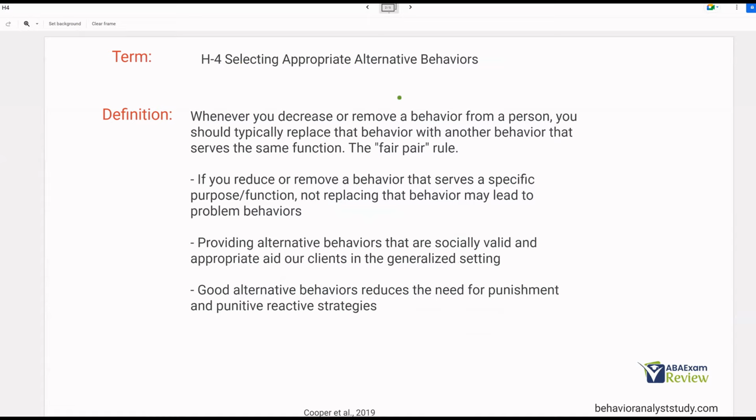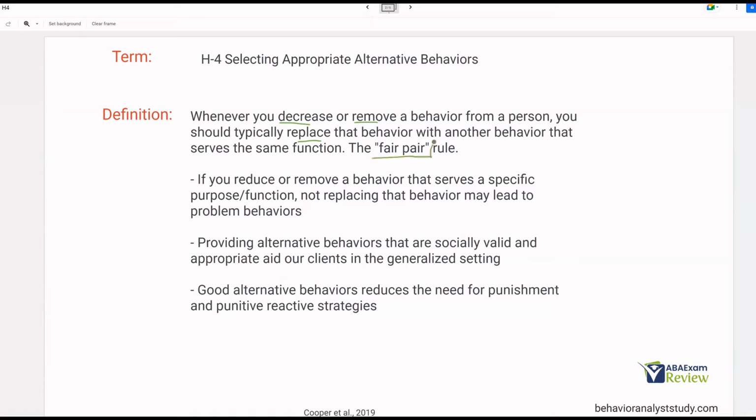Okay, so we're selecting appropriate alternative behaviors. And what we're really going to talk about is the need for alternative behaviors and why we do it. Selecting appropriate behaviors is really not much different than how we go about selecting our initial target behaviors. And so the idea to start is whenever you decrease or remove a behavior, you should replace that behavior because those behaviors serve a function.